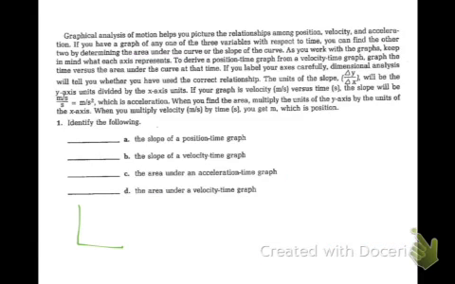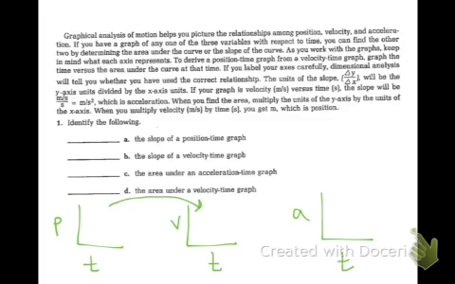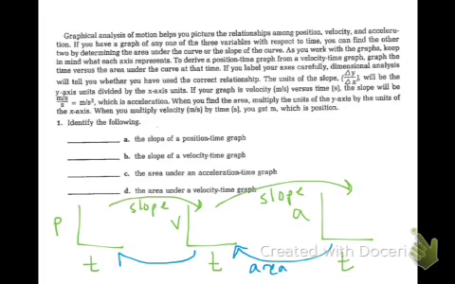If you've got your position versus time, your velocity versus time, and your acceleration versus time, to get from position versus time to velocity versus time, you're going to take slope. To get from velocity versus time to acceleration versus time, you're going to take the slope. To go the opposite direction, you're going to take area under the curve. To get from velocity to position, you're going to take the area under the curve, because that's how all of the units will manipulate out.